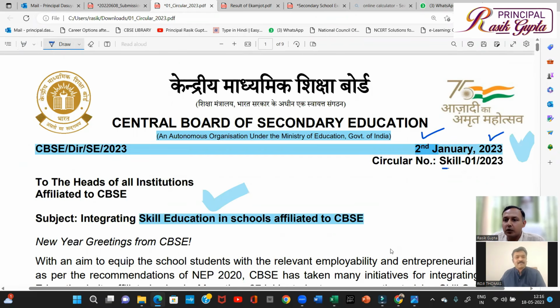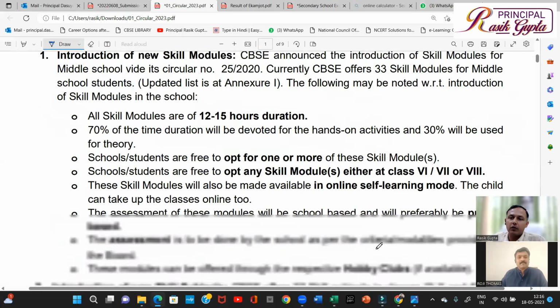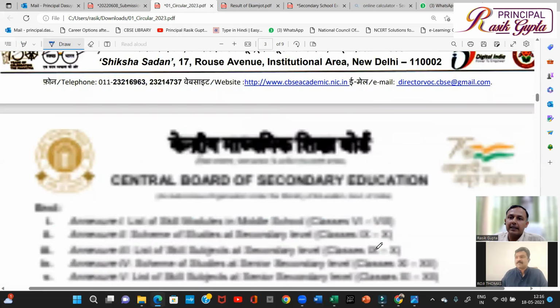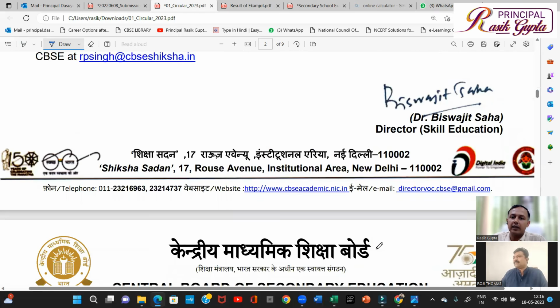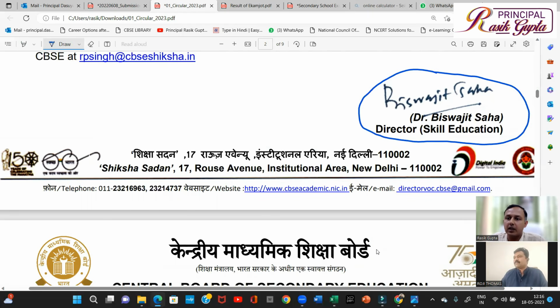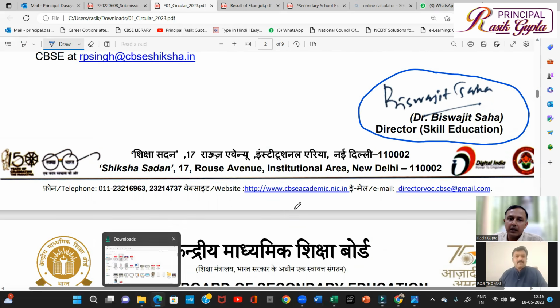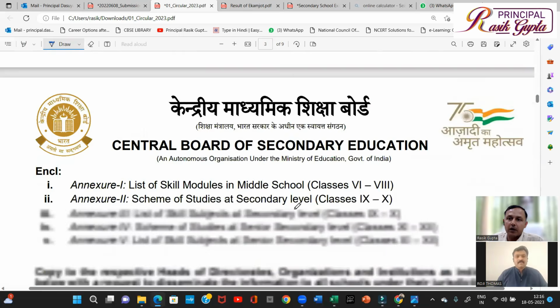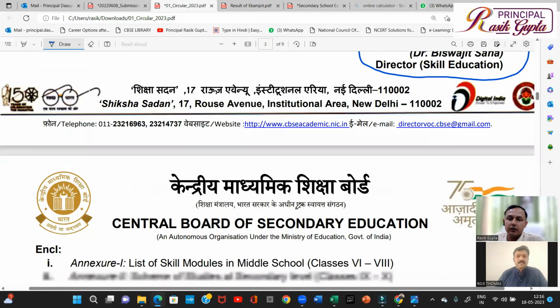And it is issued by the skill department. The circular number also says skill 01. And when we go down, the signatory is also Director Skill Education, Dr. Biswajit Saha. So it is not issued by the examination department, not with the signature of Dr. Sanyam Bhardwaj, but by the skill department with the signature of Director Skill Education.